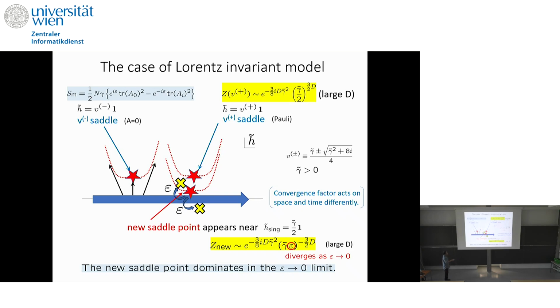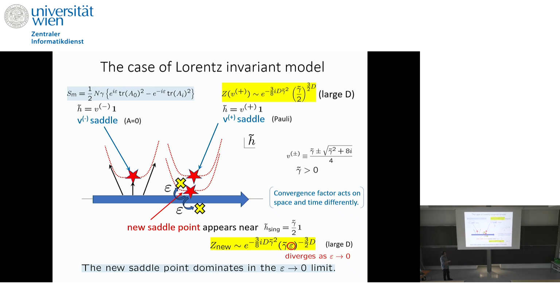And because of this, you obtain a new saddle point between these 2 singularities. And then you can calculate the partition function around these saddle points, this one and this one, very easily, and you get these results. So the phase factors here are the same, but the gamma dependence is different. This one has a positive power, but this one has a negative power for gamma. And moreover, this one diverges as epsilon goes to 0.